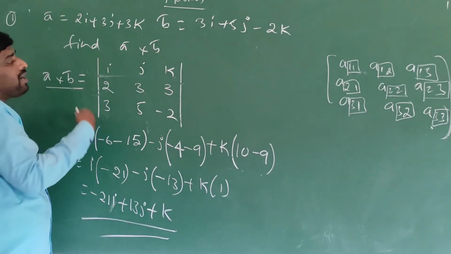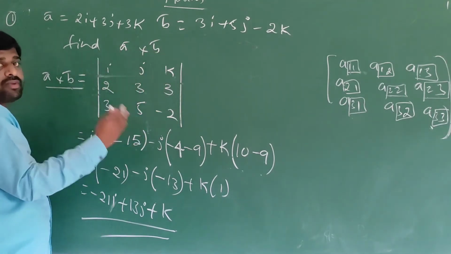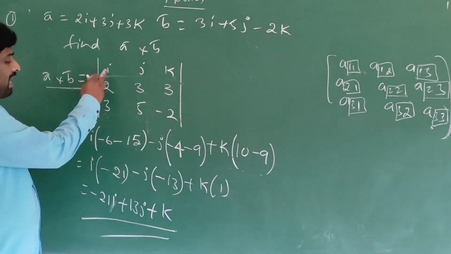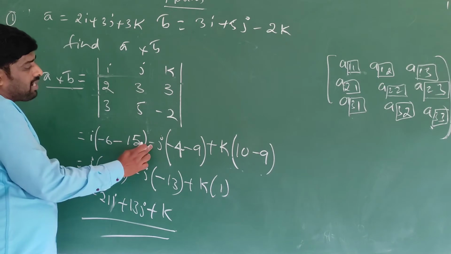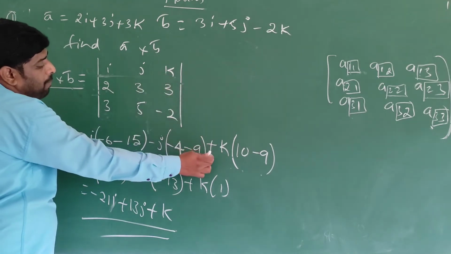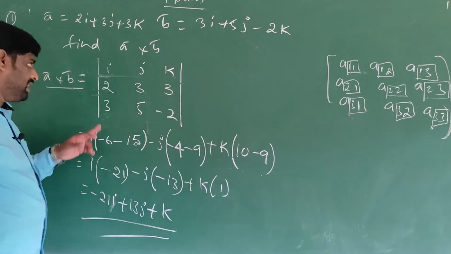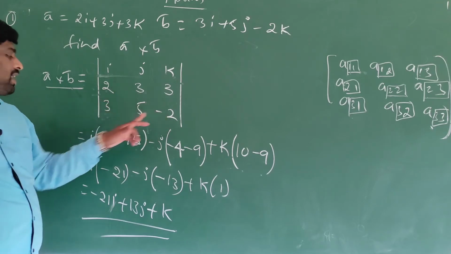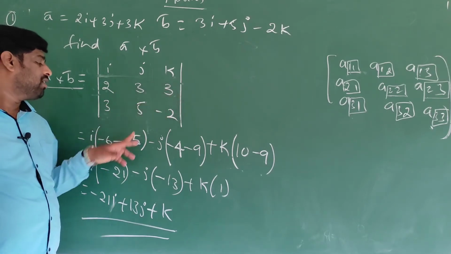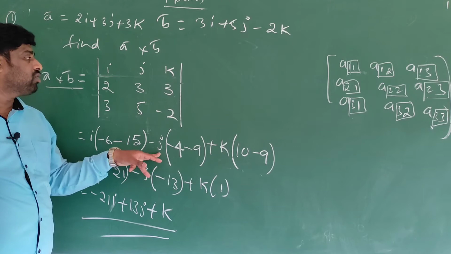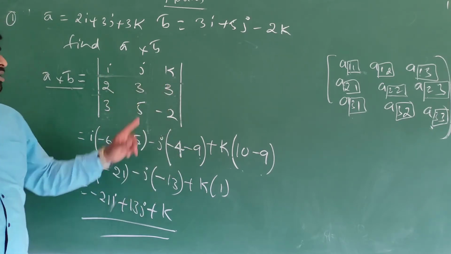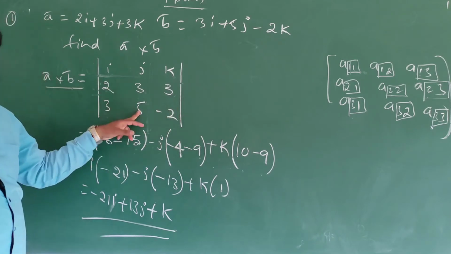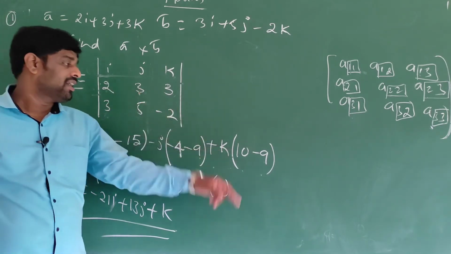Now you have to expand this determinant. This is called the determinant. Okay. Now here, when you take i plus, when you take j minus, when you take k plus. That is i into 3 2s are minus 6, 5 3s are 15, minus j into 2 2s are minus 4, 3 3s are 9, plus k into 2 5s are 10, 3 3s are 9.